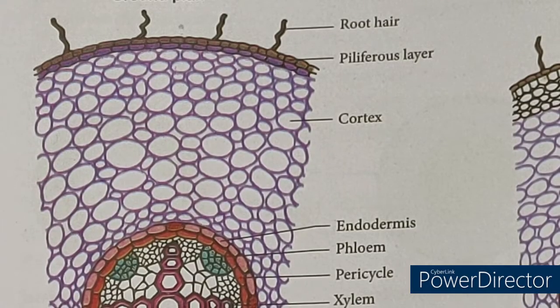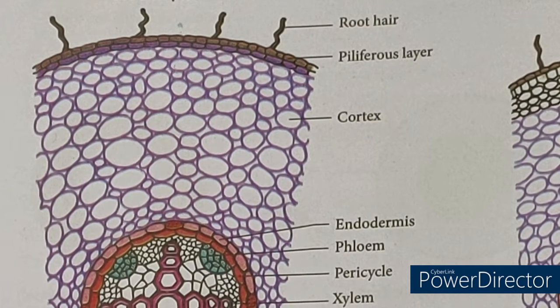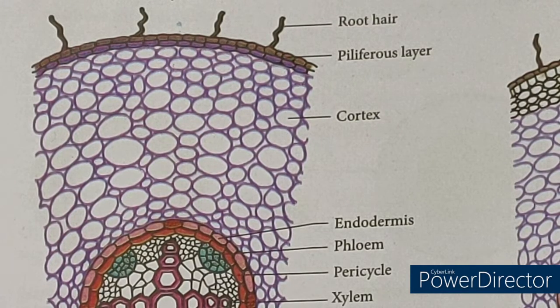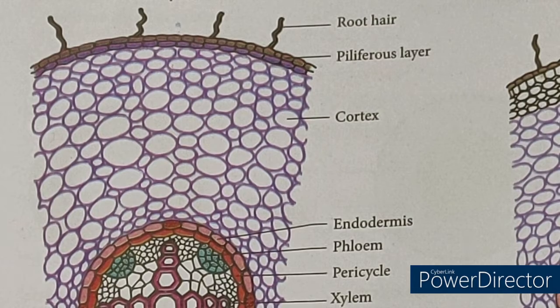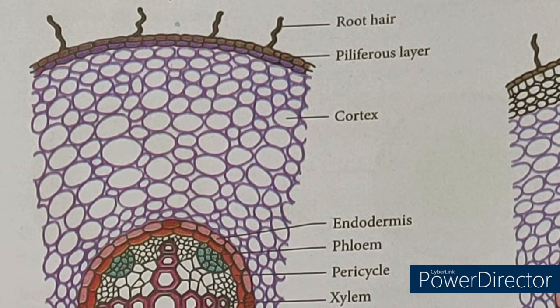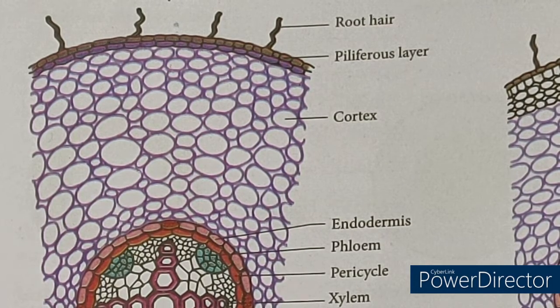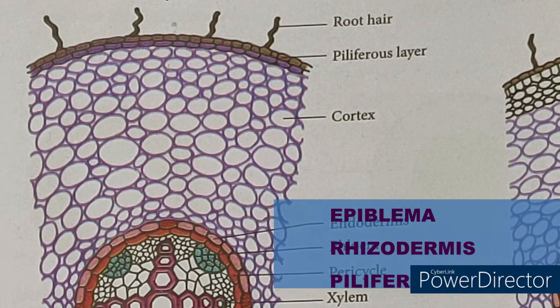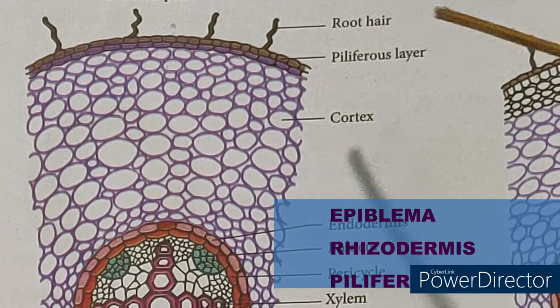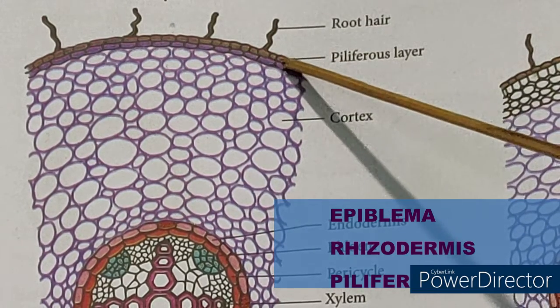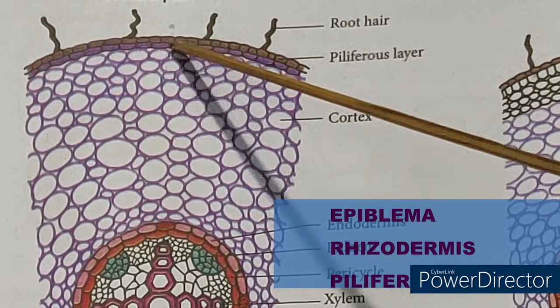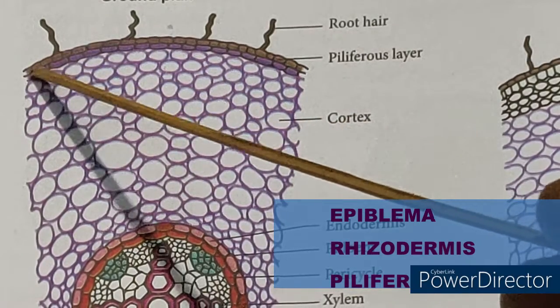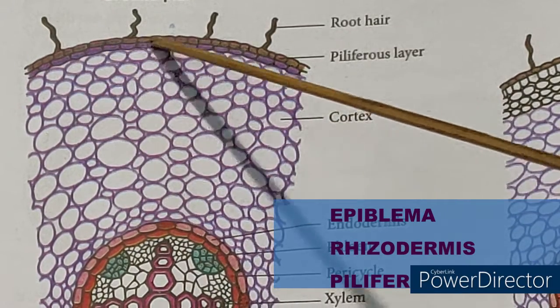Right, now let's get into the structure of the dicot root. This is a transverse section of a dicot root, which comprises four important layers. One, epiblemma or rhizodermis or piliferous layer, that is, the epidermis of dicot roots is known as epiblemma or rhizodermis or piliferous layer.